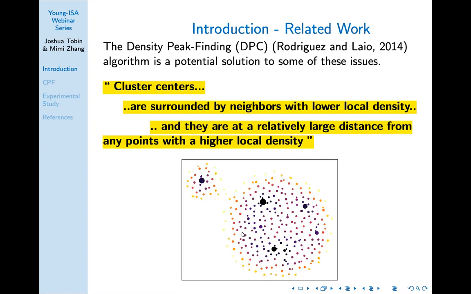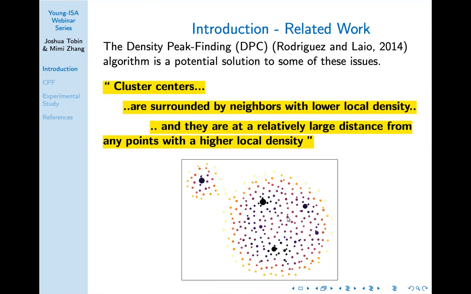If we represent the other quantity which is of interest in the DPC method, the distance from each point to a neighbor of higher local density, by the size of the point, we see that various values here are suggested as potential cluster centers. We have definitely 2 big ones here in the top left of the large cluster and in the center of the smaller cluster, and then around the right edge of the larger cluster, sorry, would be proposed as centers.